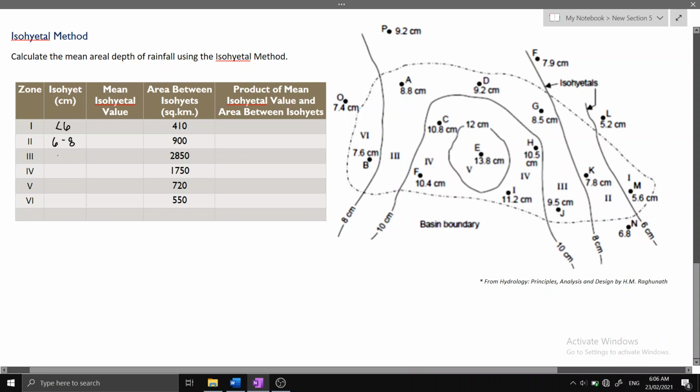Zone 3, that is 8 to 10 centimeters. And then for zone 4, that is 10 to 12. Zone 5 is greater than 12. And then zone 6 is less than 8.